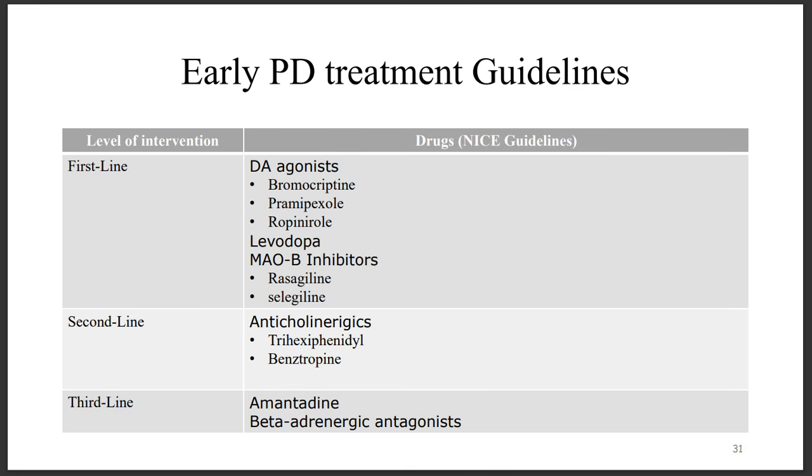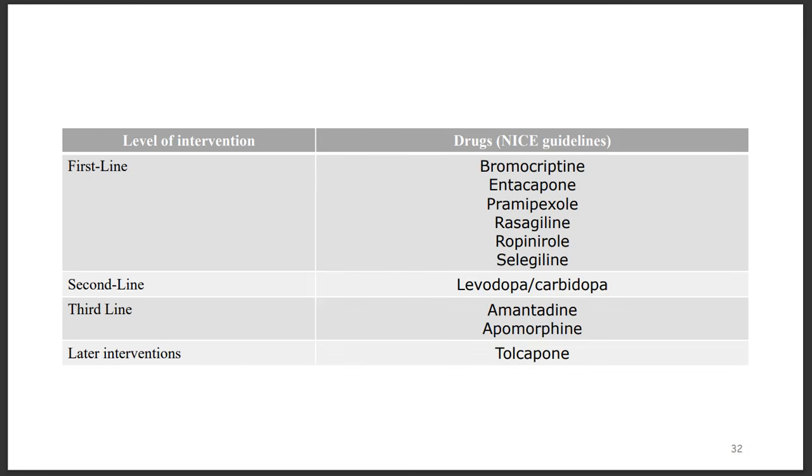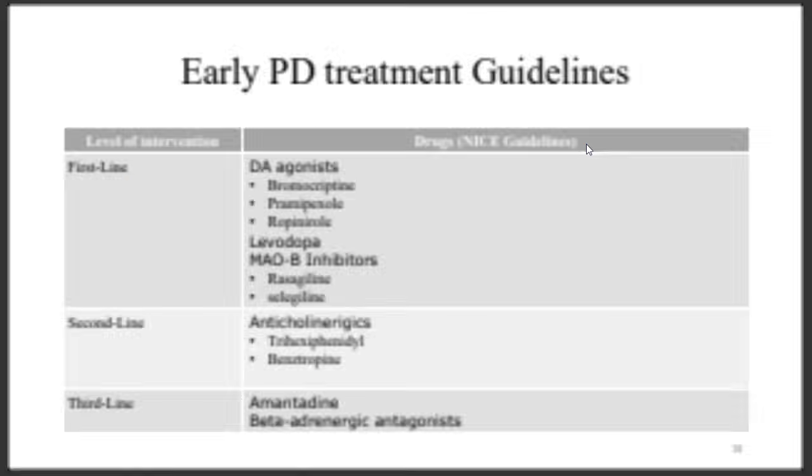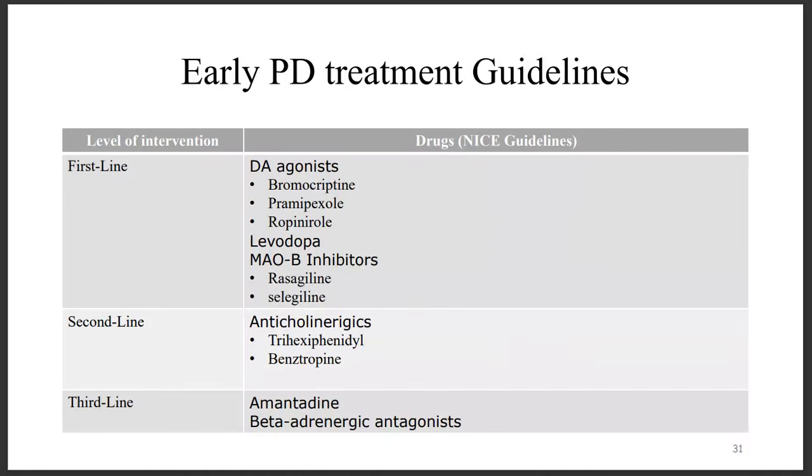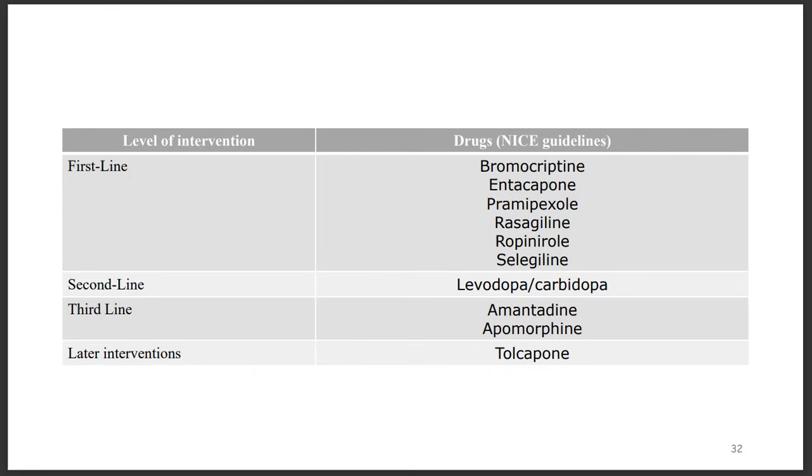But if Parkinson's disease was allowed to go on and became worse later on, the first line treatment changes. So the first line treatment will now be these guys, and you are going to have the MAO-B inhibitors, and different drugs, like bromocriptine, entacapone, pramipexole, selegiline.